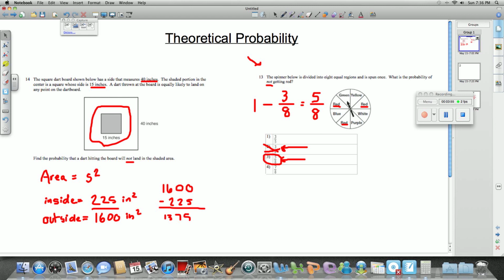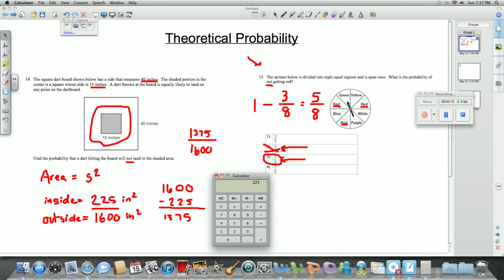Now we could write that as a fraction, which would be 1375 over 1600. And we can take a calculator, divide that out, and get it as a decimal, because we can express it any way. So it's 0.859.